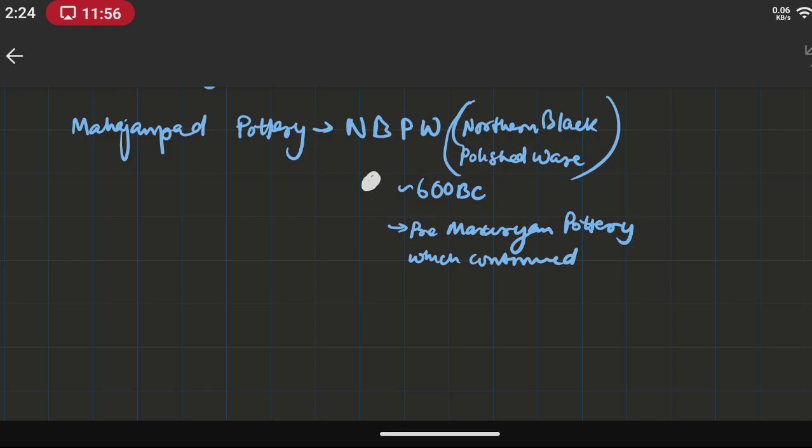Because these items of Northern Black Polished Ware were costly. They were items of luxury, and only the rich could afford them, and they were not used for day-to-day activities. This Northern Black Polished Ware was there in the pre-Mauryan pottery, which continued even in the Mauryan period that started around 300 BC.